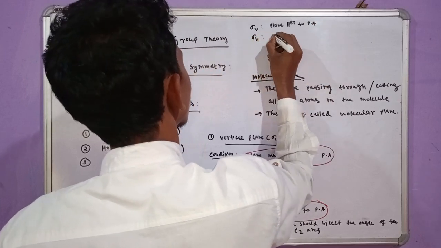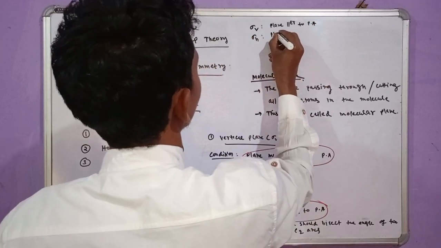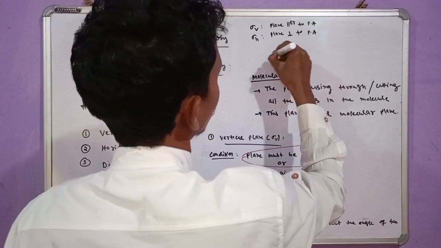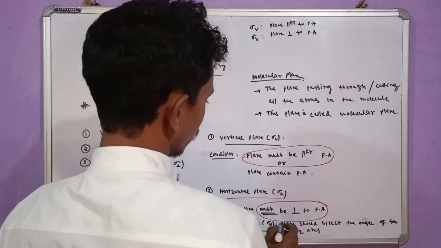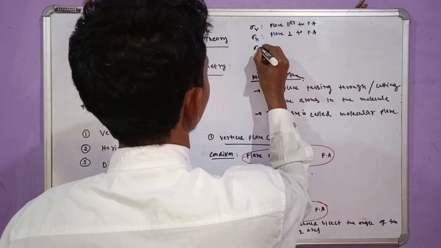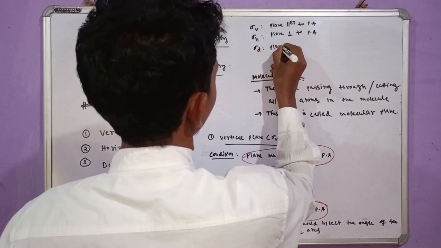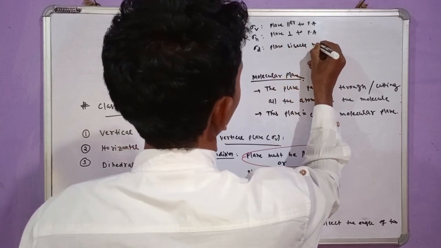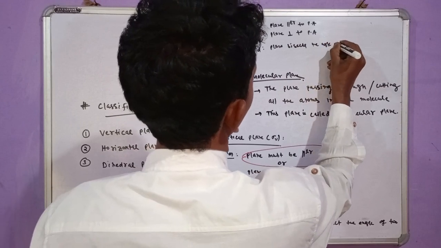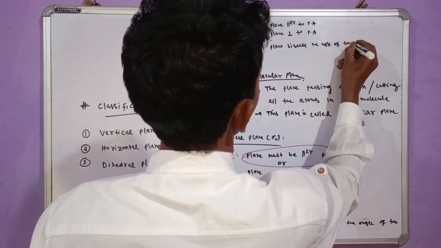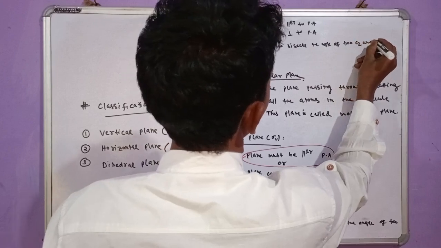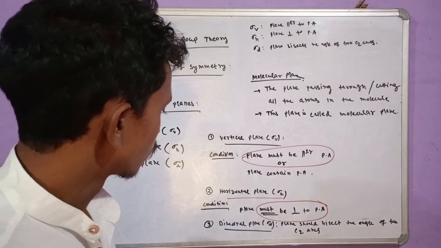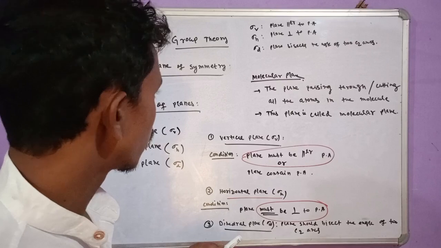Sigma h: a plane perpendicular to the principal axis, then that plane is called sigma h. And the sigma d plane bisects the angle of two C2 axes. Okay, these are the conditions for vertical, horizontal, and dihedral planes.